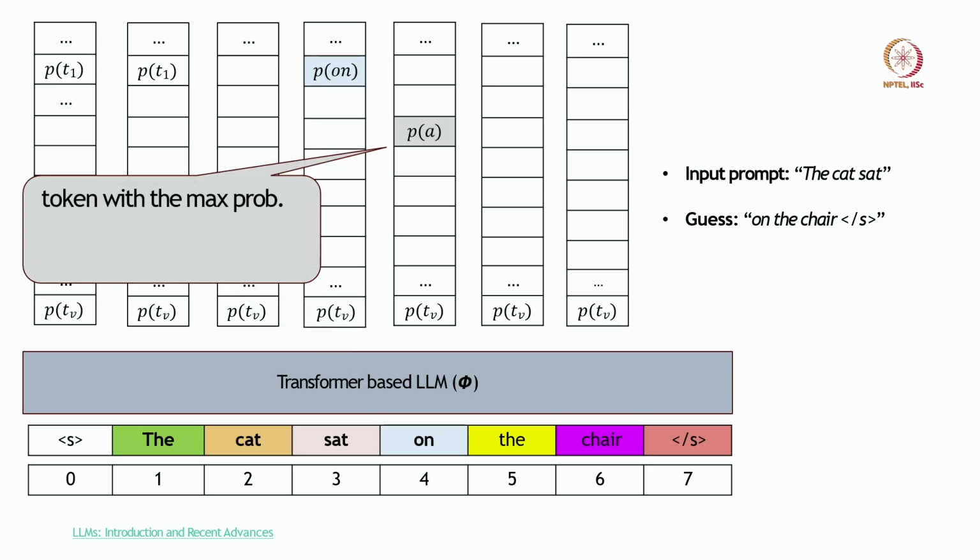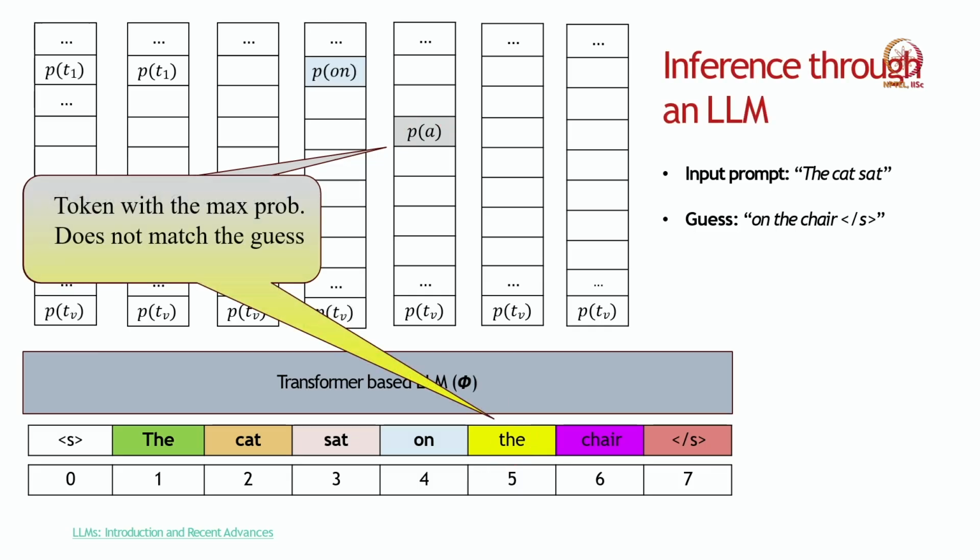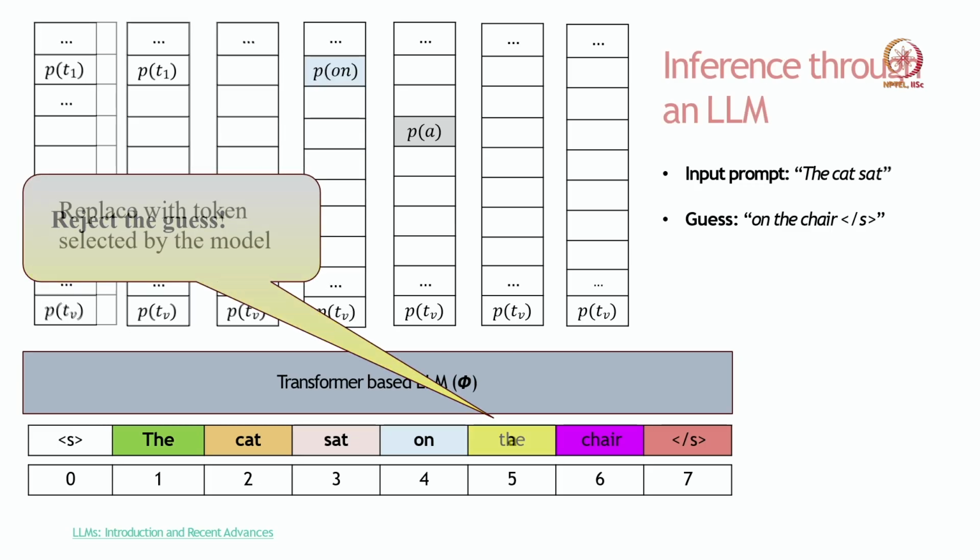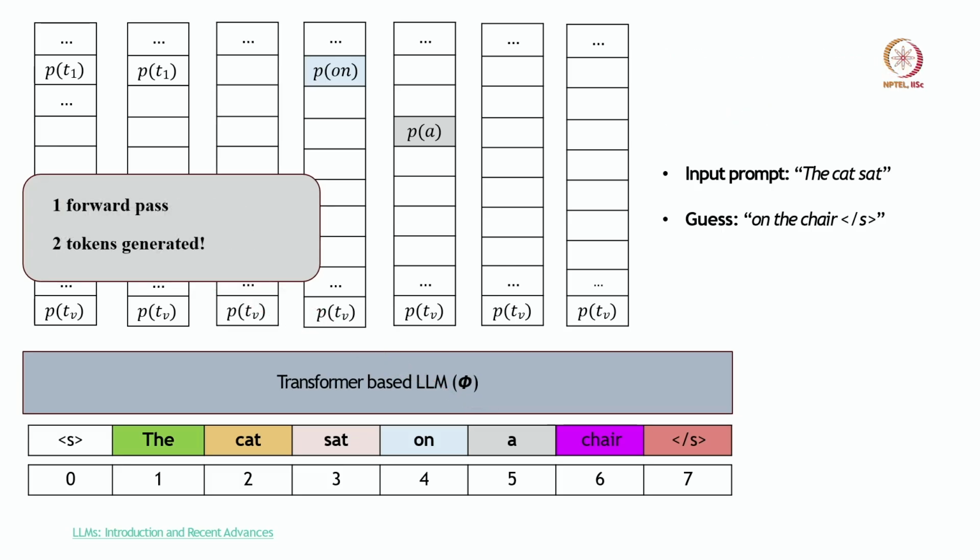Here we see that the token with the maximum probability is "a", but we guessed "the", right. That means there is a mismatch. It does not match the guess, so we will reject it and put "a" instead of "the".